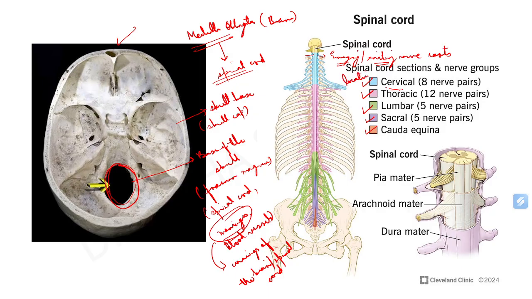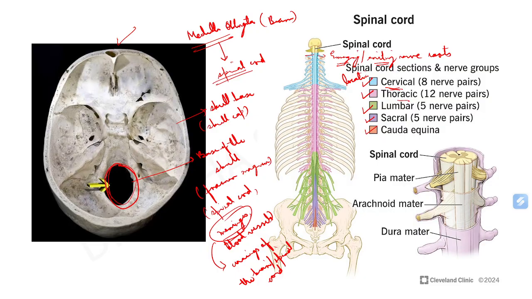Cervical nerve roots are present in the cervical region and correspond to cervical vertebrae in the vertebral column. Thoracic nerve roots will be exiting from thoracic vertebrae of the vertebral column. Lumbar nerve roots will exit from lumbar vertebrae. Sacral nerve roots exit from the sacral vertebrae of the vertebral column.